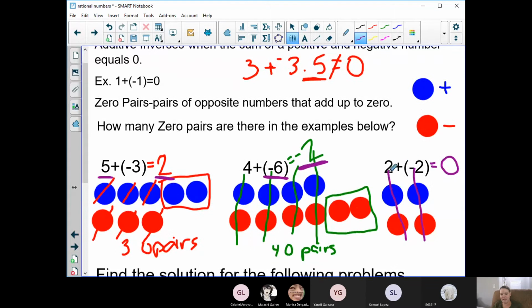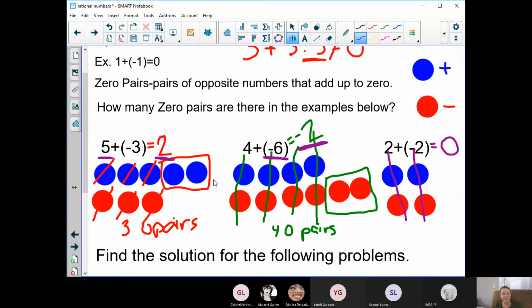So 2 and negative 2 are additive inverses because when we add them together, they equal 0. All right, so that is addition equations with integers, so whole numbers, nice and easy to work through.